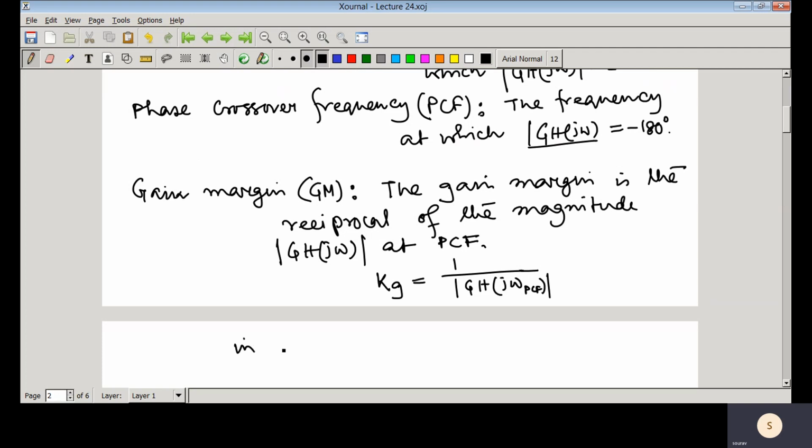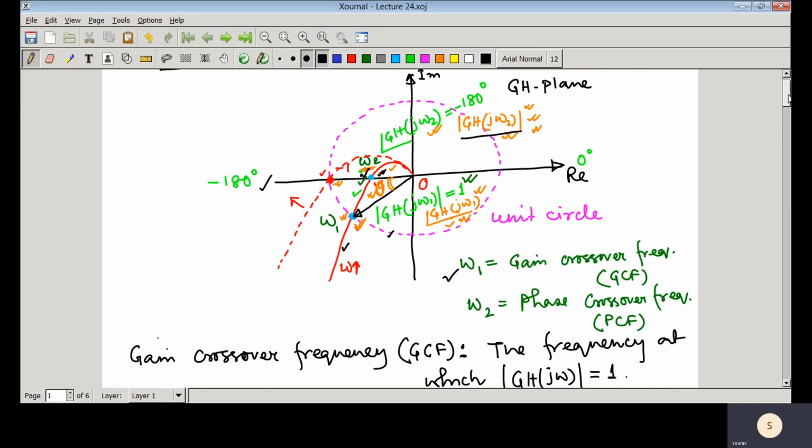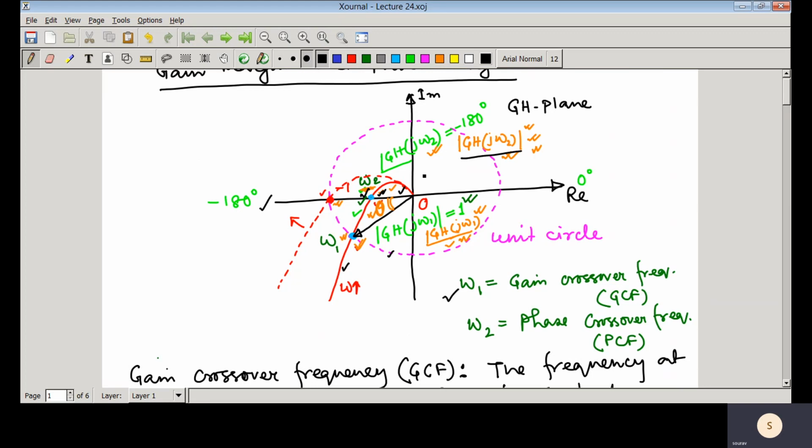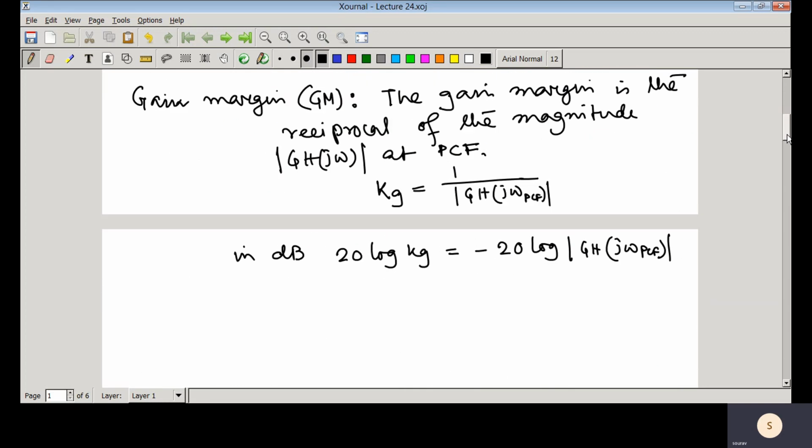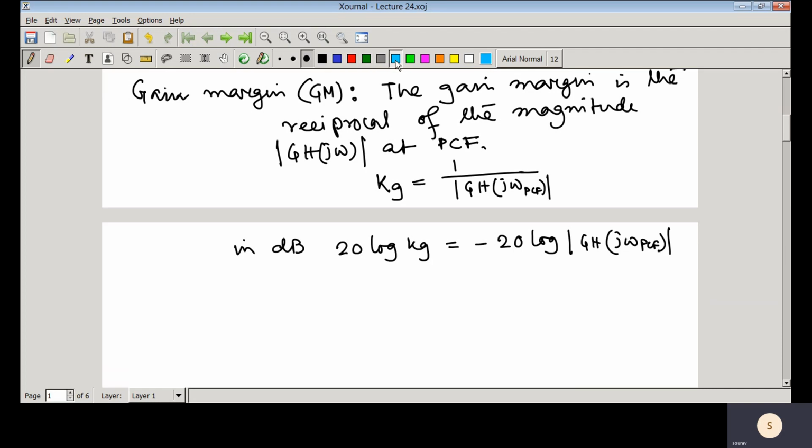So in dB scale, it would be 20 log Kg, and this one is minus 20 log GH(jω PCF). And from here you can see that this gain is less than 1, and when it is less than 1, basically the log would be negative. Log of a value like 0.1, 0.2 would be negative. So basically negative, negative, it would be positive.